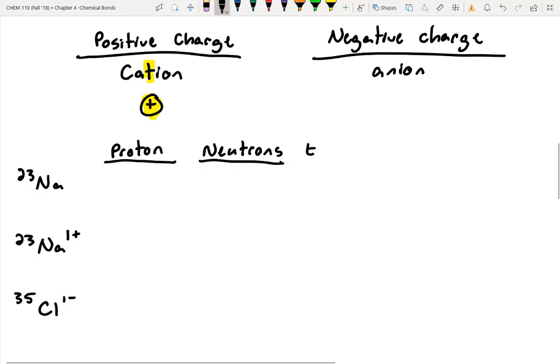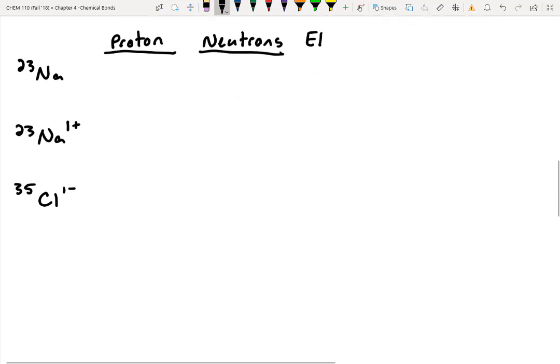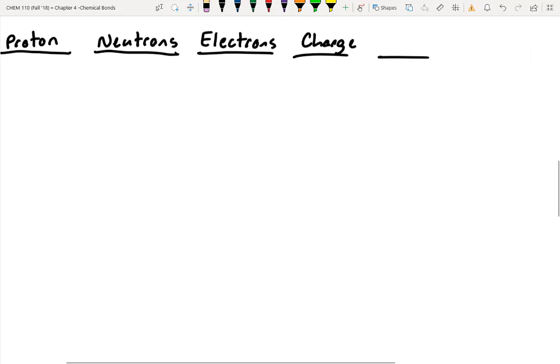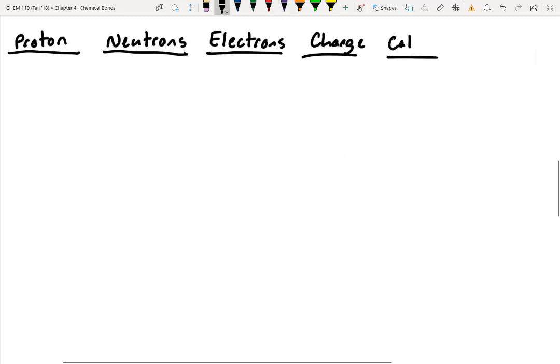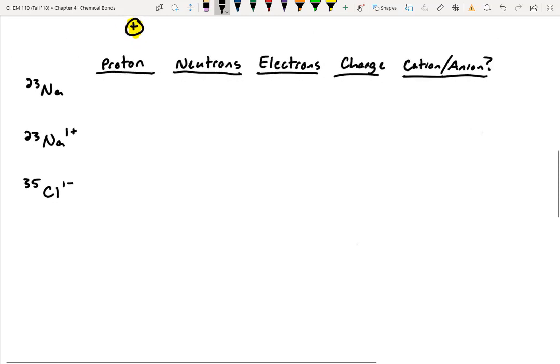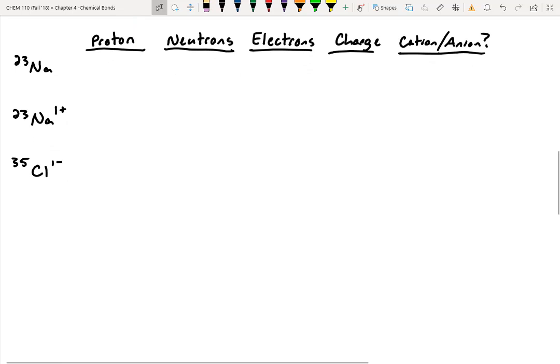I'll do electrons. Sorry. And then I'll do a charge here, and then I'll ask, is it positive or minus over there? Or actually, let me rephrase this. I'm going to change this to cation or anion. All right, so the first one we've got is sodium.